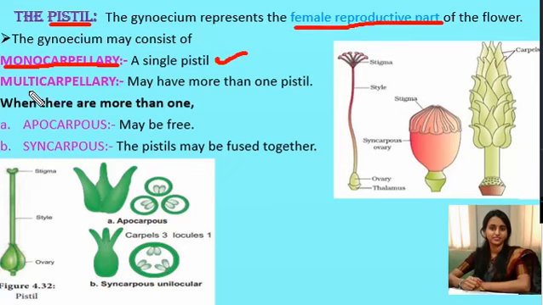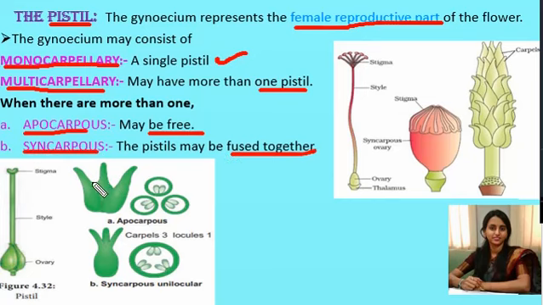Or the gynoecium may consist of more than one pistil or carpels. It is known as multicarpellary. When there is more than one carpel, the carpels may be free. That condition is known as apocarpous. Or the carpels may be fused. That condition is known as syncarpous.